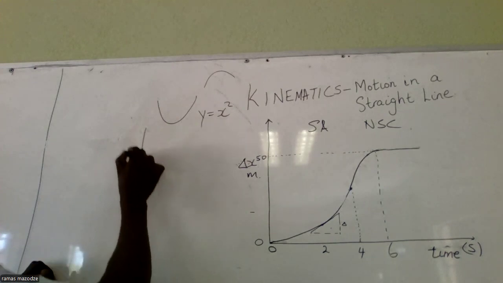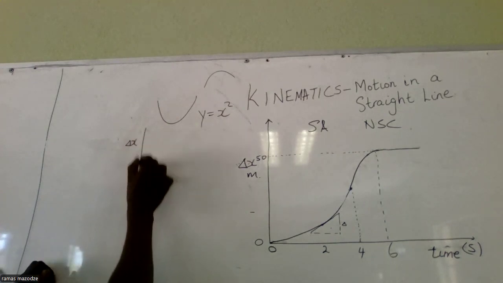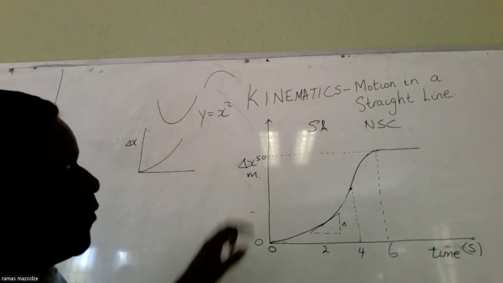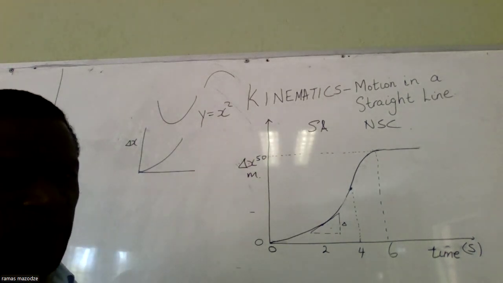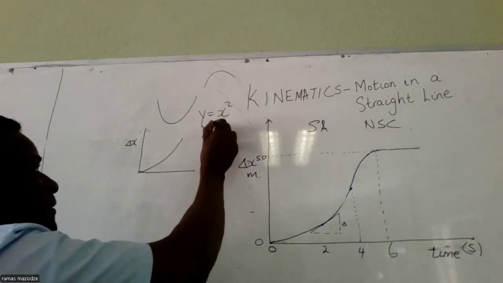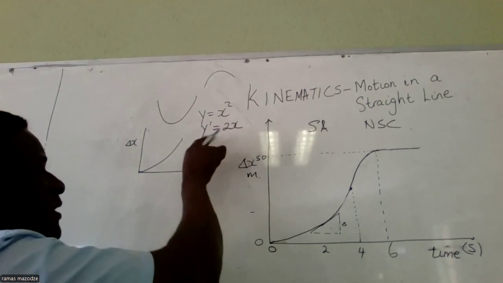So let me start with the displacement time graph which curves upwards like that. If you have a displacement versus time graph like this, it is of the form y equals x squared. If you differentiate that, the first derivative would be 2x, which is a straight line.